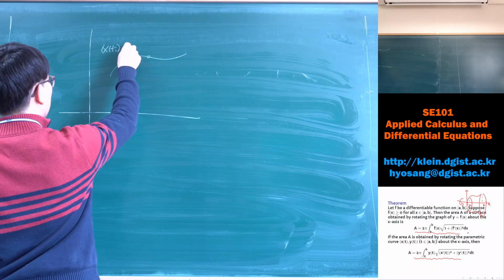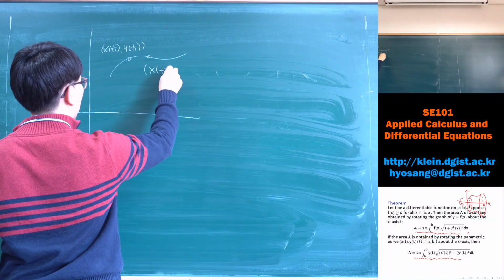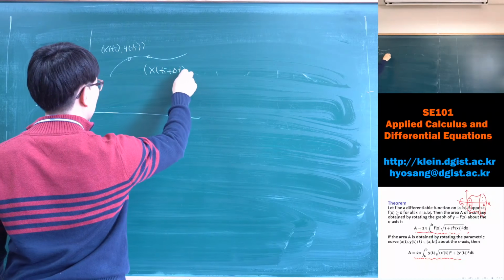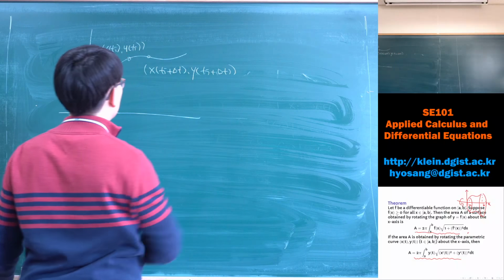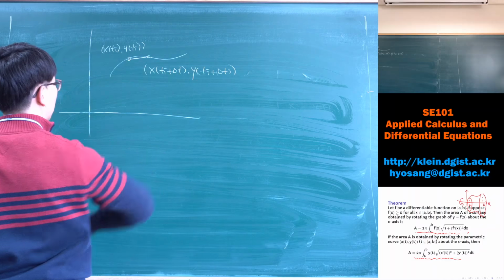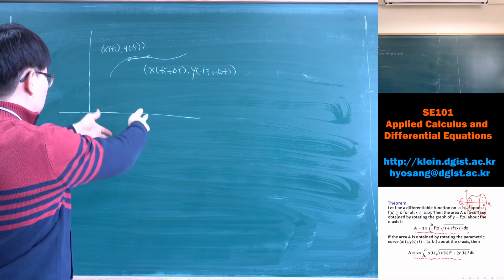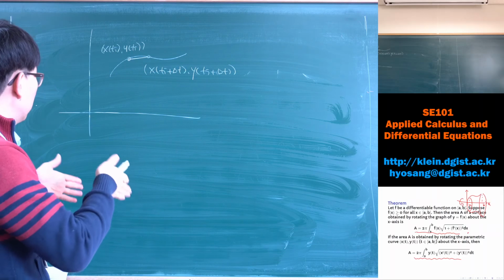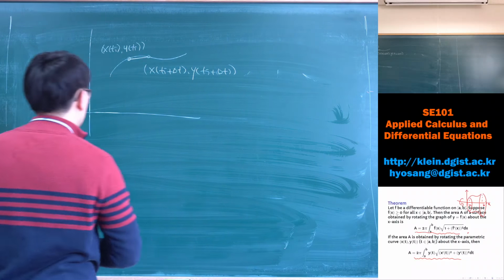x(ti), y(ti) to x(ti plus delta t), y(ti plus delta t). Okay, so we are going to take the length of the curve of small interval as approximated by the length of the line connecting these 2 points.